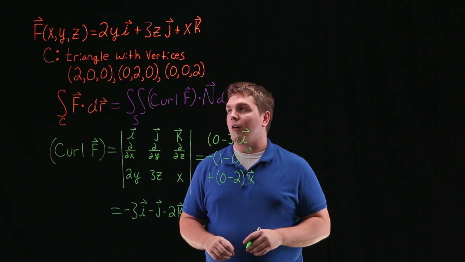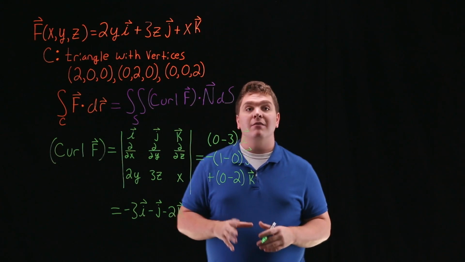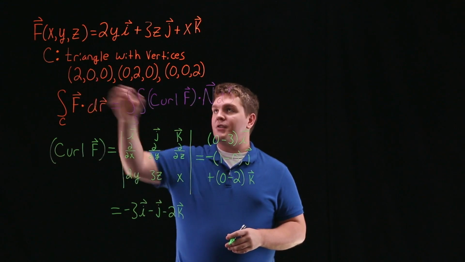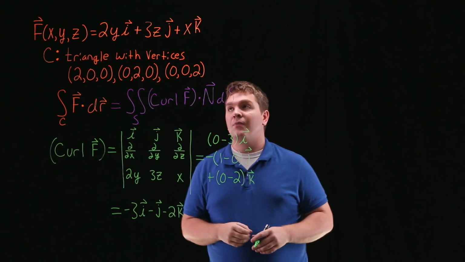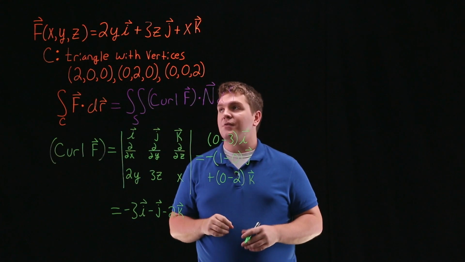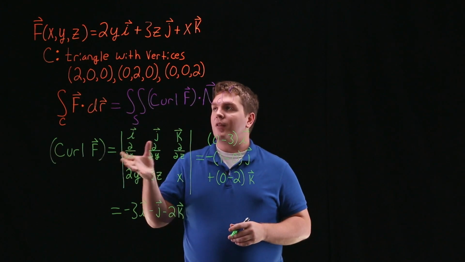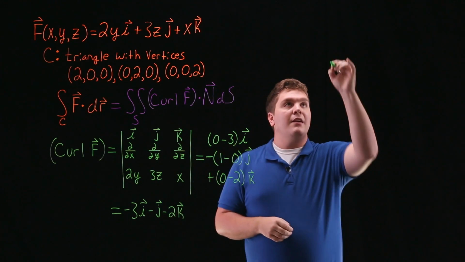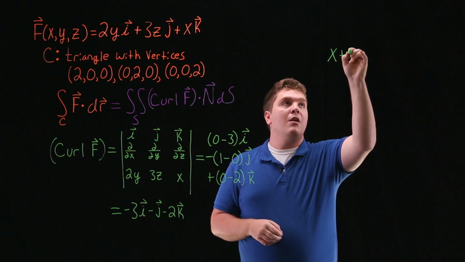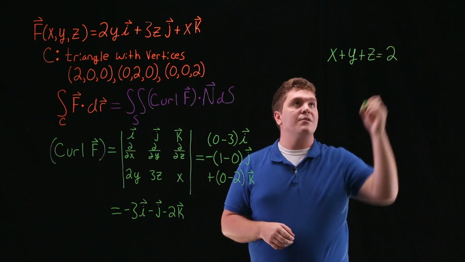Now our goal is to find the vector n, which is normal to this triangle. We want a plane that passes through those three points, and the plane we find is x plus y plus z equals 2.